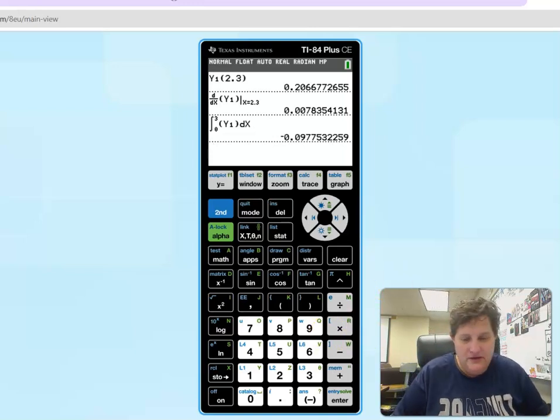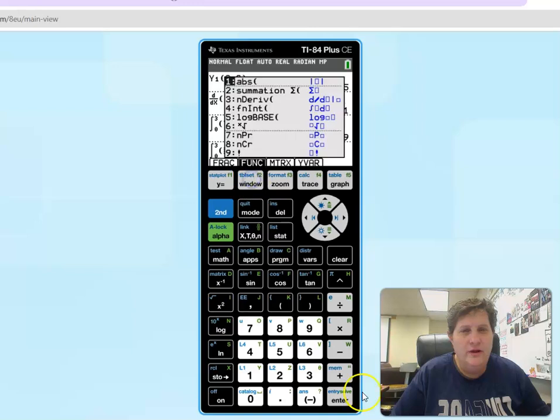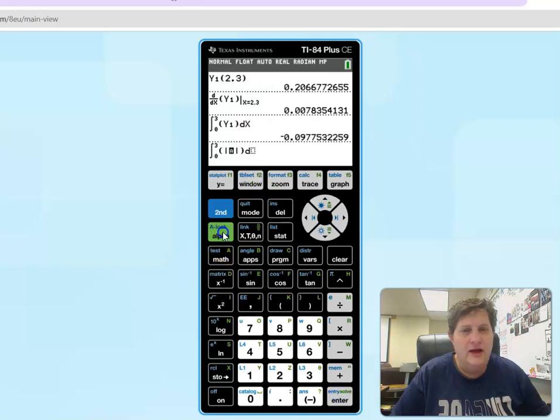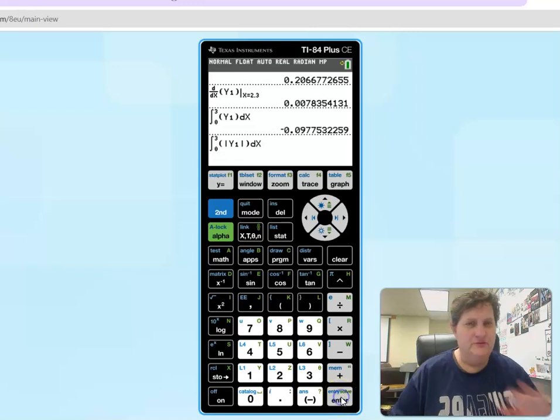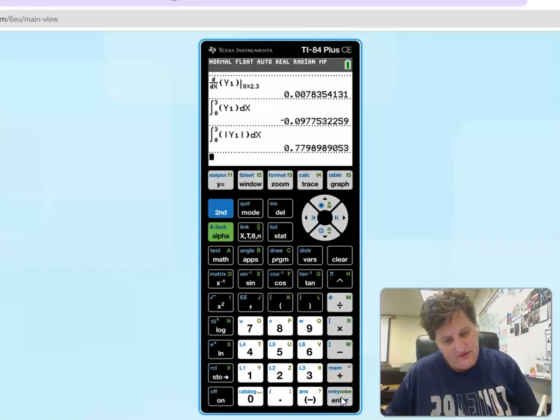And then, you guys, the total distance is the exact same thing as displacement, except we do the absolute value because we know distance is always positive, right? So we go 0 to 3. We go alpha, window, absolute value, alpha, trace, y1, dx. And it'll make all the values positive, and it'll do everything all at once. And then my total distance is 0.779.